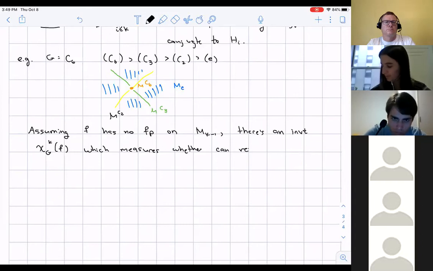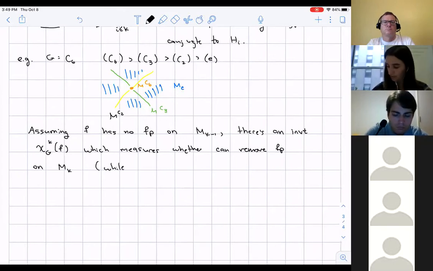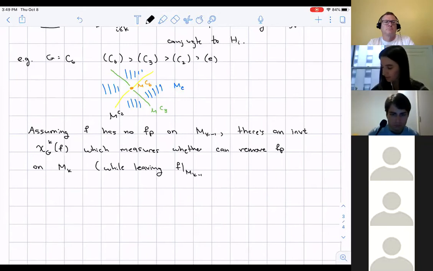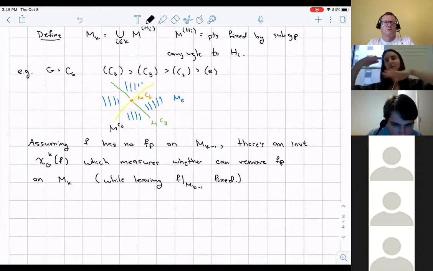So whether you can remove fixed points on the slightly bigger thing, M_k, and you want to do this while not changing all of the steps that you did before. So you're leaving F on M_{k-1} fixed. So this invariant is the key of the induction. If this invariant is 0, then however you removed those fixed points before, you can extend that up to the next subgroup.